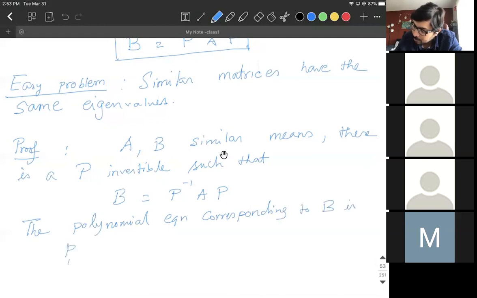Let's give it a name, P_B of lambda. This is the determinant of B minus lambda I_N. This is the polynomial equation which computes the eigenvalues.